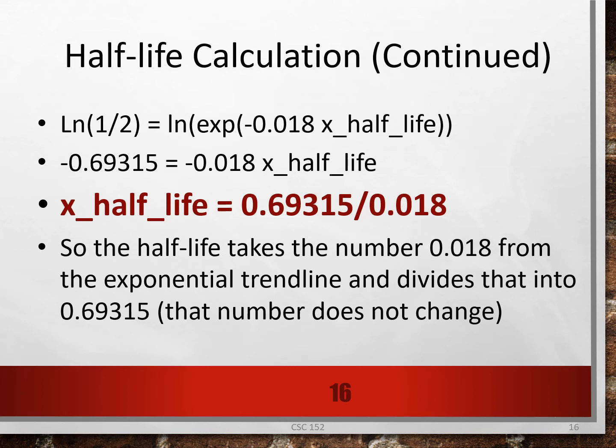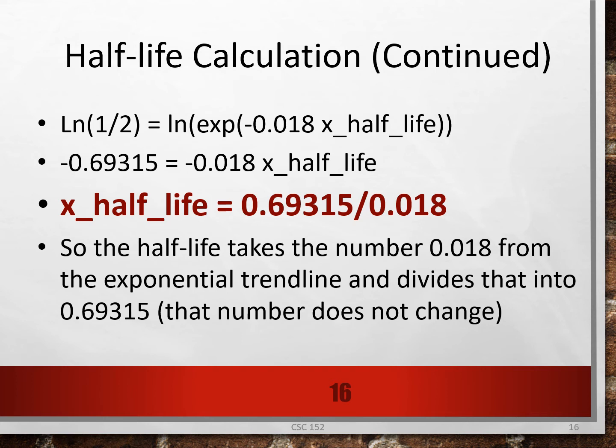We said that the natural log of 1/2 was minus 0.69315, and we also said for the right-hand side that the natural log and the exponential were inverses. So they undo each other, and we're just left with the inner argument of minus 0.18 x half-life.